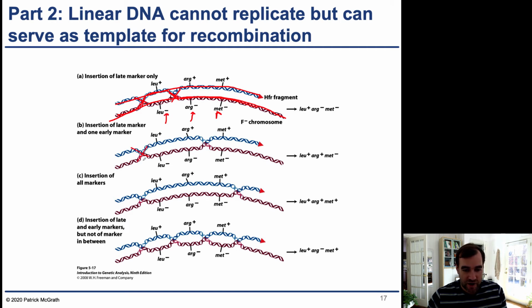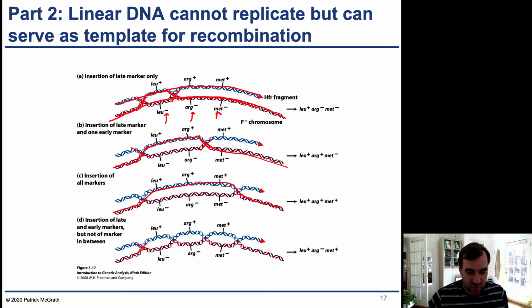Similarly, if the double recombinant occurs here, the host goes over to here, and then it moves back, and then you've changed the Leu and the Arg gene. Or it can be on the left side and the right side, and then you've exchanged all 3 of the genes. So all 3 of these are exchanged, and the resulting genotype is Leu plus Arg plus Met plus. You can also have quadruple recombinants.